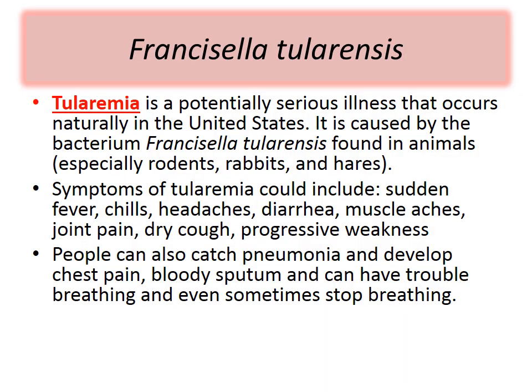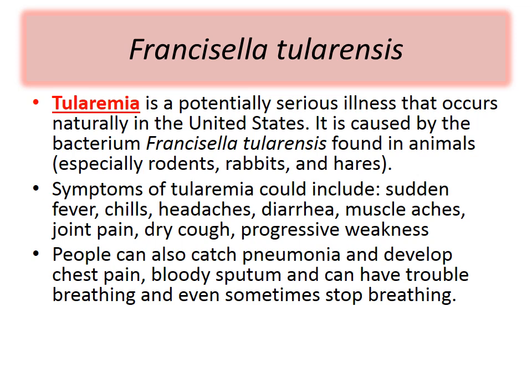Francisella tularensis, another category A microorganism causing a disease called tularemia. It is also potentially serious, and it does occur in the United States, and it is caused by a bacteria, Francisella tularensis. This is found in animals, especially rodents, rabbits, and hares.